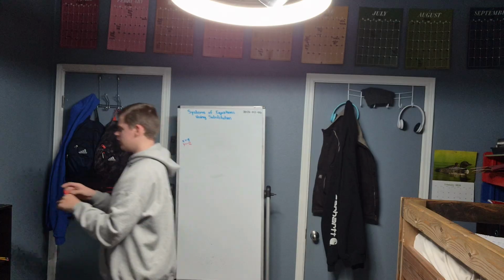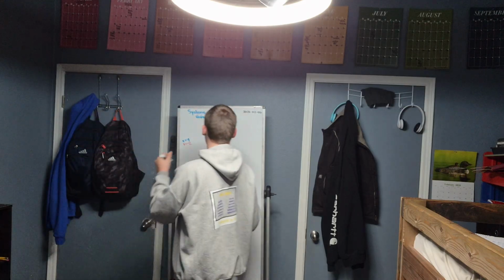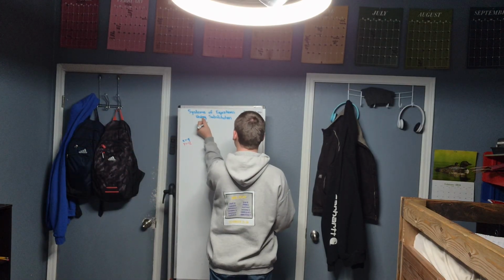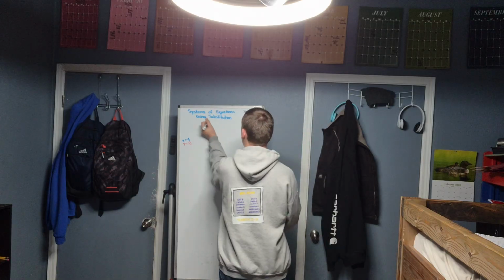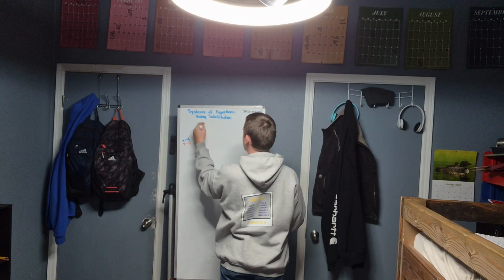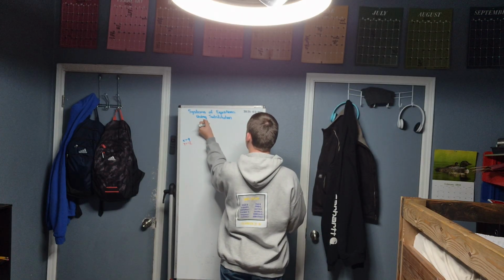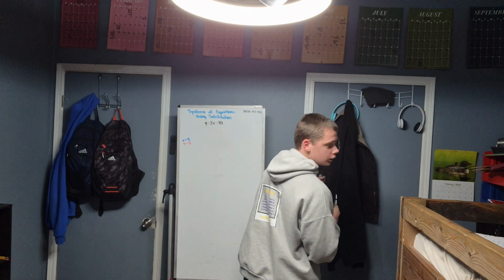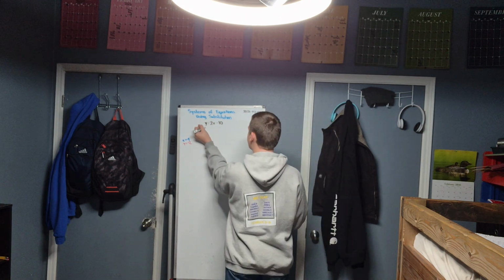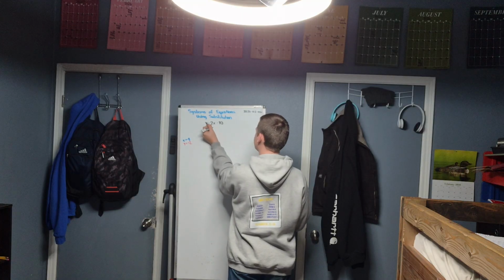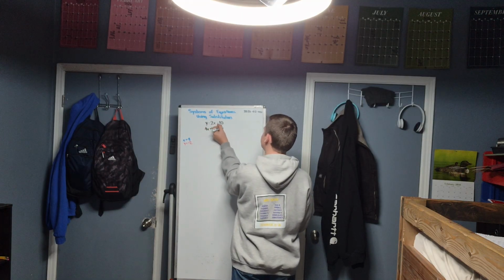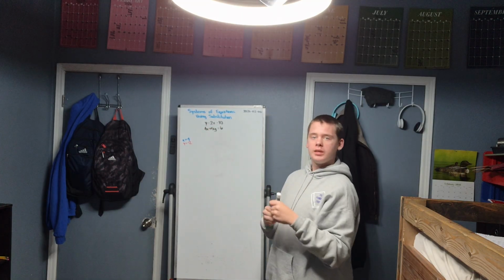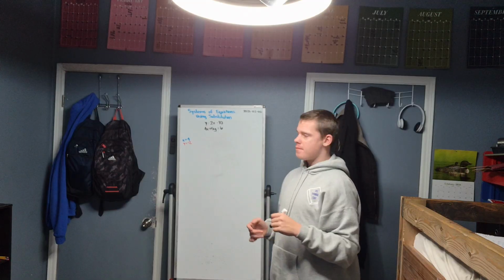So, we're going to do, y, my bad, y equals 2x minus 10. And that's it. 4x plus 5y equals 6. I'm going to move that a little bit down.